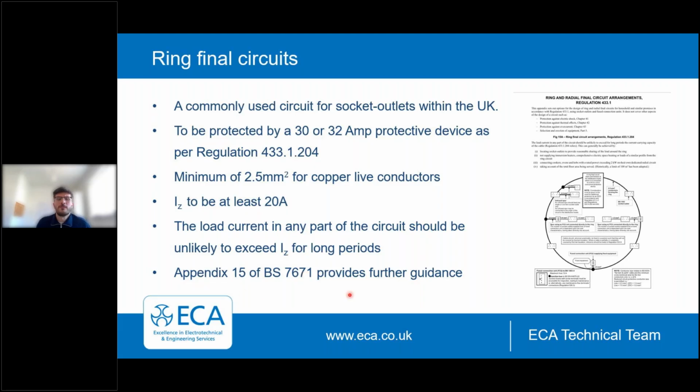Of course, Appendix 15 of BS 7671 provides some additional guidance to achieving compliance with this set of regulations. And again, we need to consider how we would design a ring circuit to confirm the compliance with that. So a bit of a signpost to Appendix 15 there as well, but these are the high-level points for ring final circuits.